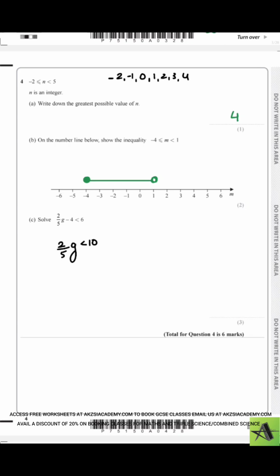Now multiplying both sides by 5 so that I can remove this denominator. Whether I'm doing a linear inequality or linear equation, my main aim is to isolate the variable. It will give me 2g less than 50. Finally, dividing both sides by 2, g is less than 25. So finally, we get the answer as g is less than 25.